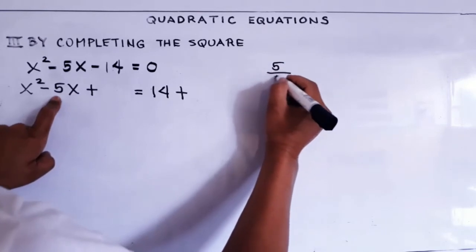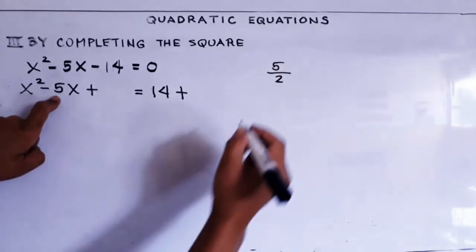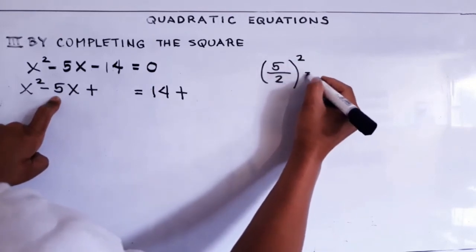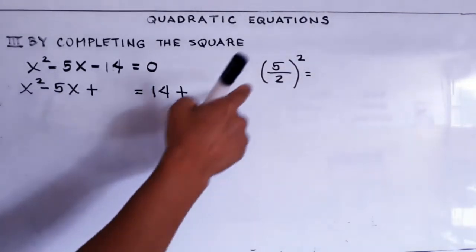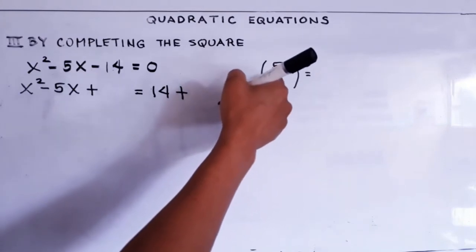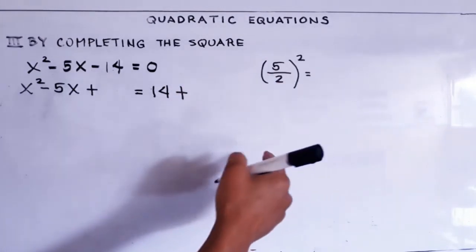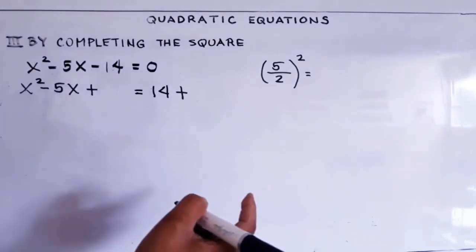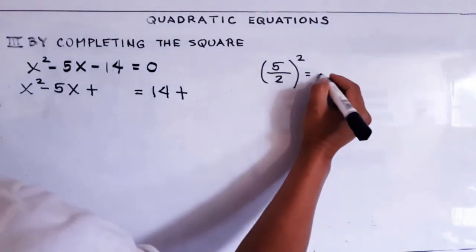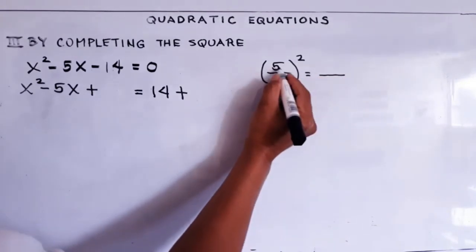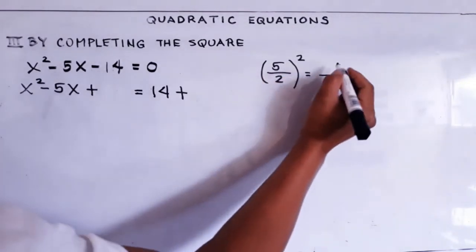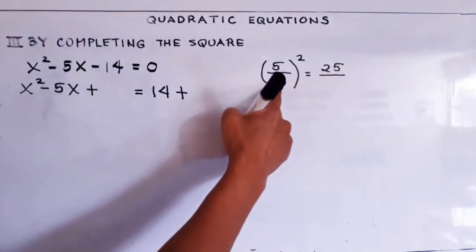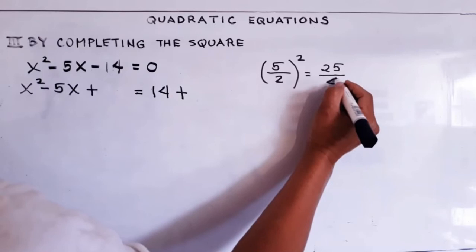We divide it by 2, don't forget, and then we square it. But the problem is we cannot divide that one out. We can divide, it's 2.5, and then we square it, 2.5 times 2.5, we can add here. But let us make that one a fraction. So we just square the 5 times 5, 25, and then the 2 times 2 is 4.